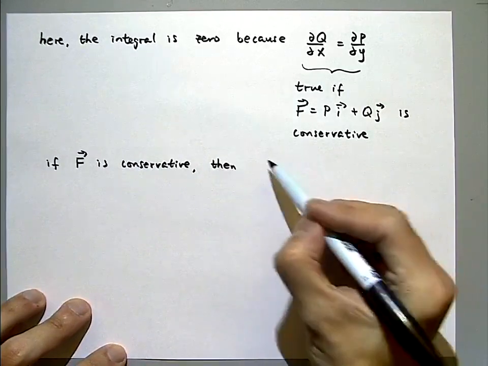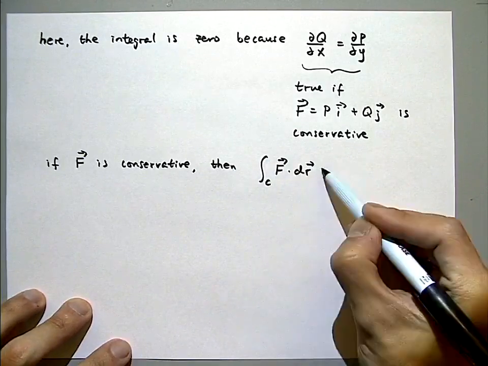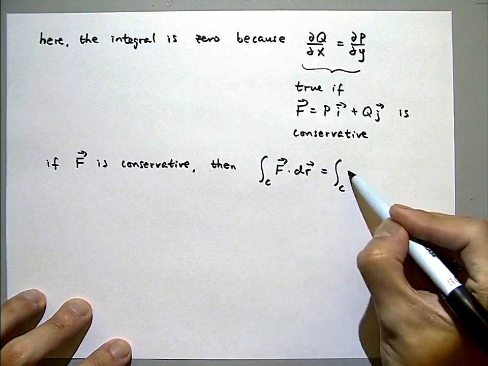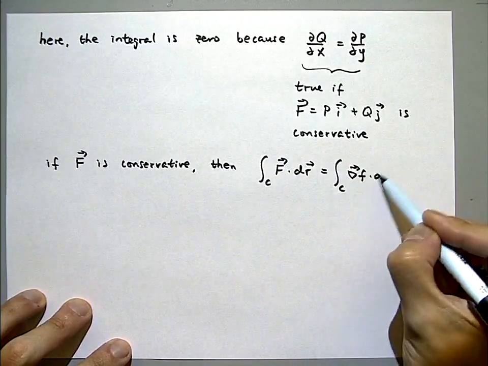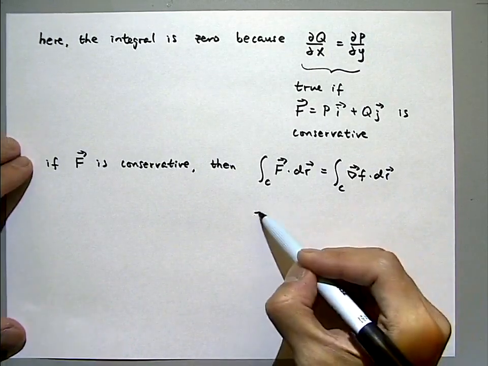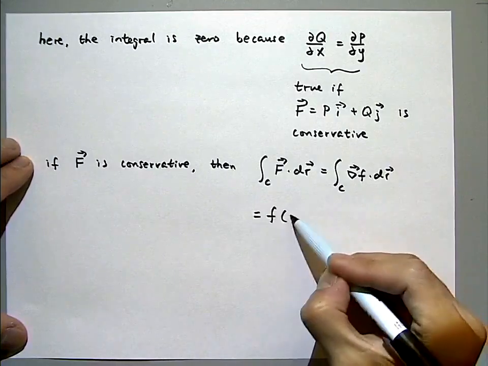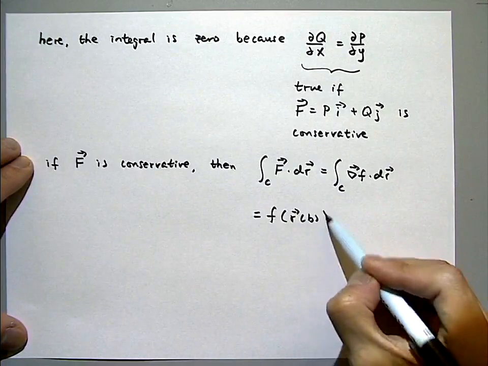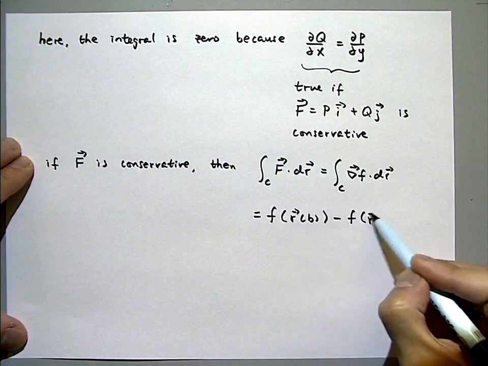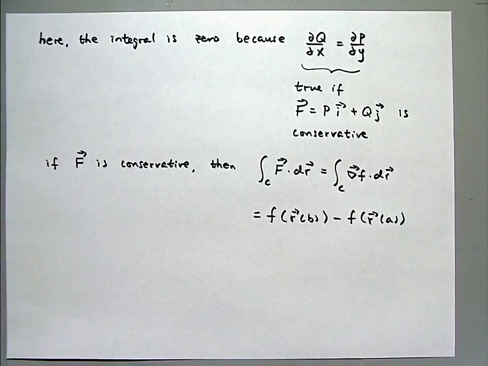If f is conservative, then the line integral of f dot dr is the same as the gradient of some potential function, little f, dotted with dr, which by the fundamental theorem of line integrals... remember, the path really is completely irrelevant if the vector field is conservative.